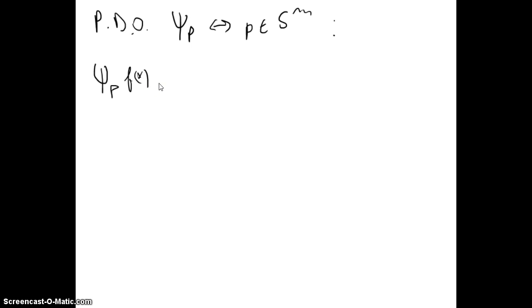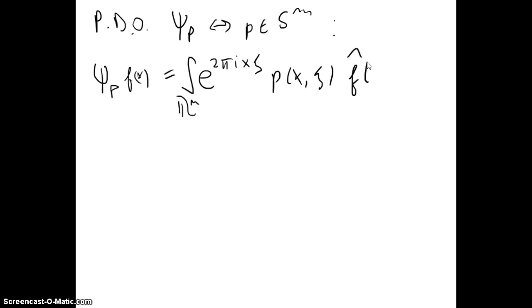So the pseudo-differential operator, let's say Ψ_p, associated to the symbol p in S^m, the set that we just defined, is defined by Ψ_p f(x) equal to the integral over R^n of e^{2πixξ} p(x, ξ) f-hat(ξ) dξ, okay, this is with f in the Schwartz space of R^n.